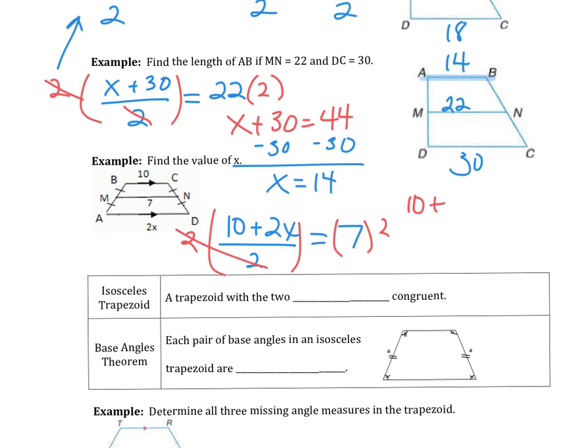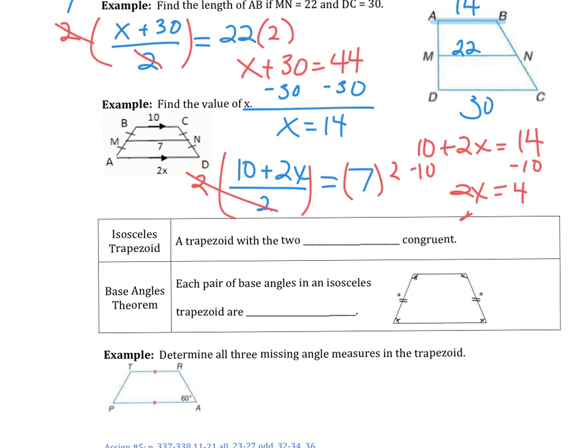So I've got 10 plus 2x is equal to 14. Now solving for x, I'm going to subtract 10 first. So I know 2 times x is equal to 4. Divide both sides by 2 here. And I've got x is equal to 2. All right, let's circle that answer and just double check. We were just trying to find that value of x, so we are good. X is equal to 2.